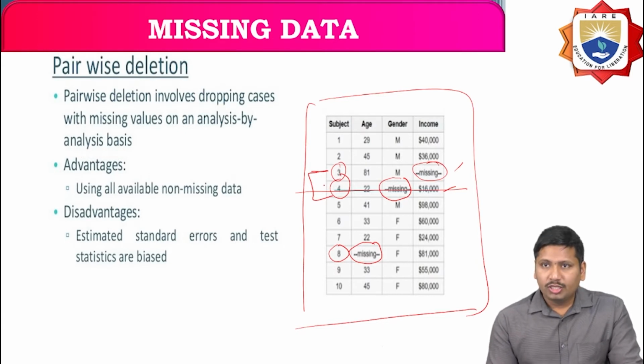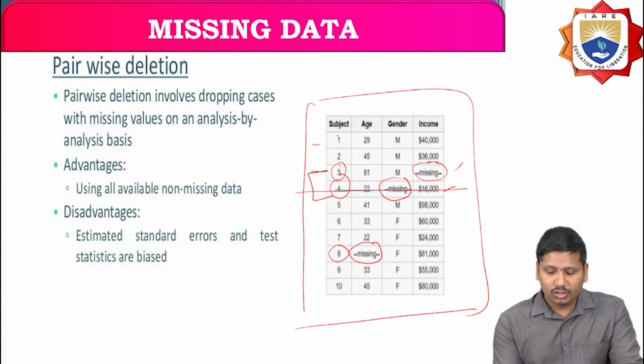Pairwise deletion means whenever I get two missing values consecutively in a table or in data, at that time we have to delete one of the missing values. In pairwise deletion, we drop the cases on an analysis-to-analysis basis.